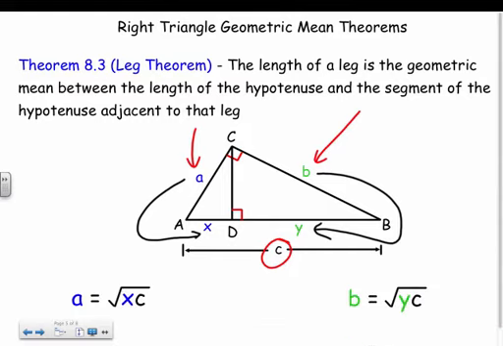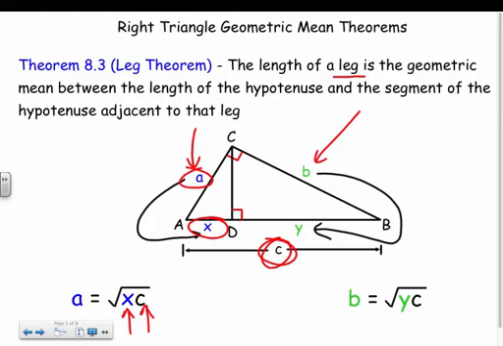So here are the two equations I come up with. If I'm solving for A, the length of the leg is the geometric mean between the hypotenuse, which is C, and the segment adjacent, which is X. So it's basically the segment times the whole side, the geometric mean between those two, and that will equal that leg.